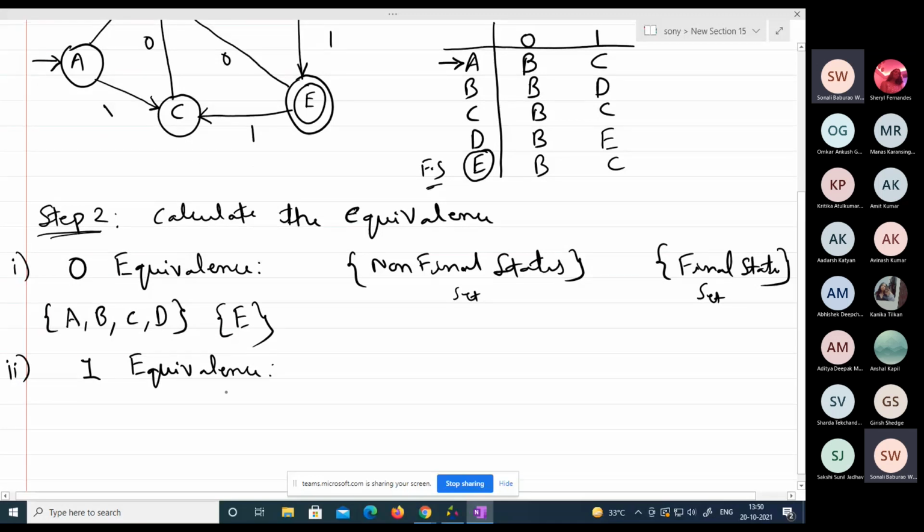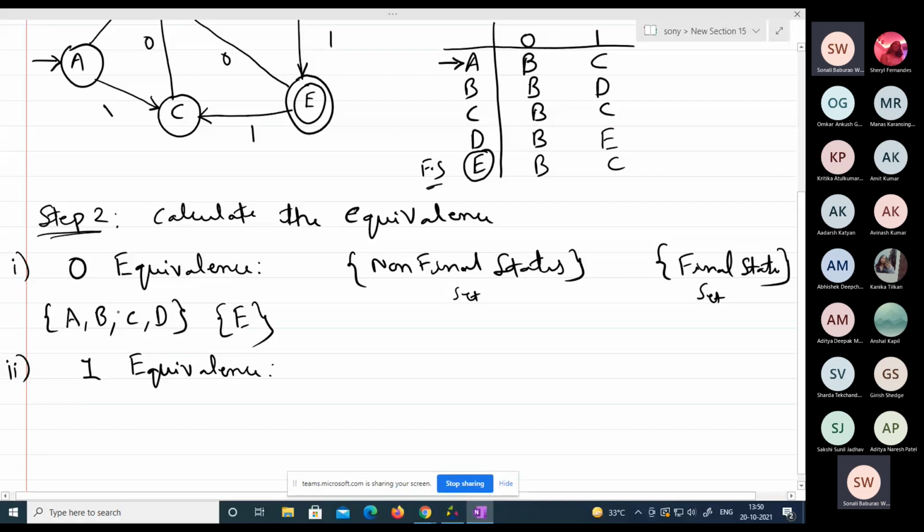Now let's see one equivalence. Whenever you are going to compute a new equivalence, for one equivalence you have to refer to the previous set of states, the output of zero equivalence.